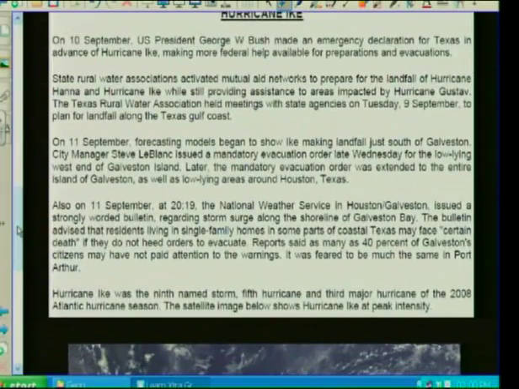There's a long story about Ike. On 10 September, U.S. President George Bush made an emergency declaration for Texas in advance of Hurricane Ike, making federal help more available for preparations and evacuations, meaning that he took these steps because they were expecting it.